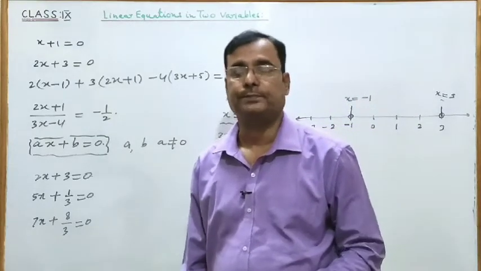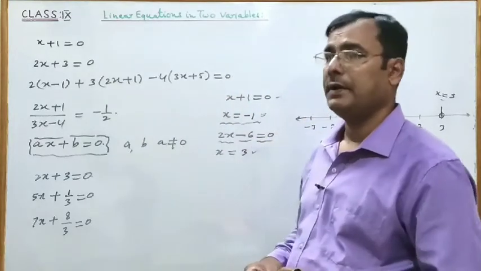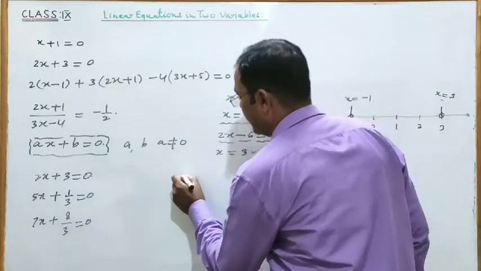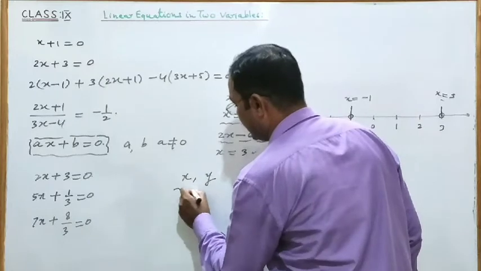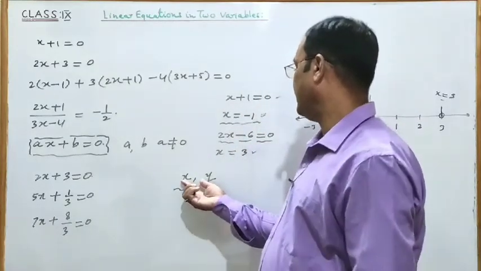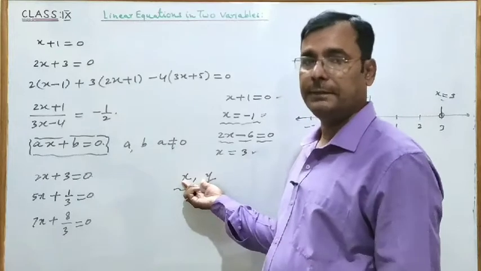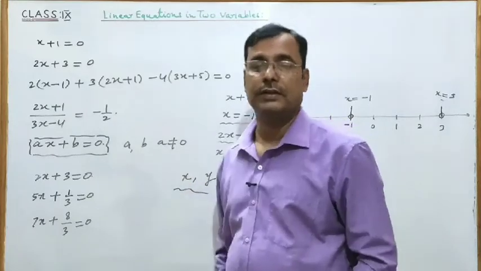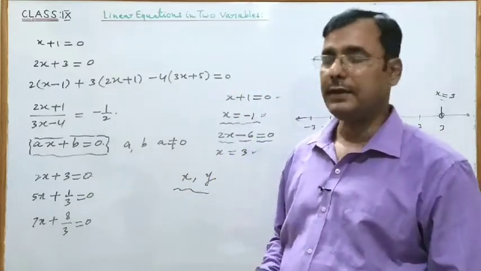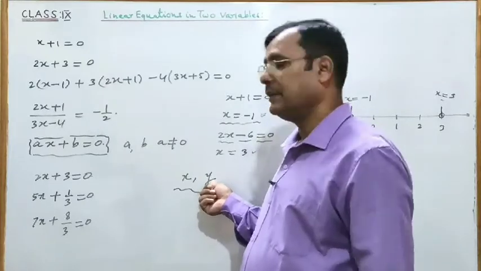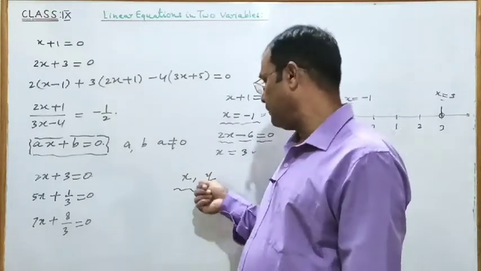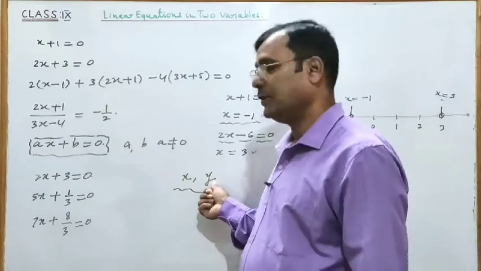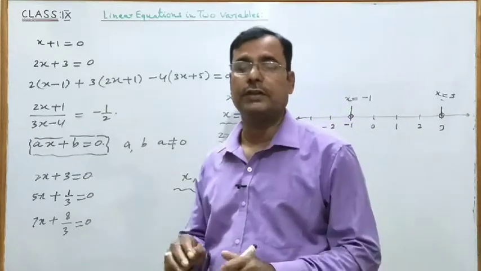So let us use x and y to denote the individual contributions of the two children. Let x denote the contribution of one child and y the contribution of the other child. The first child contributed rupees x and the second child contributed rupees y, and their total contribution is rupees 100.